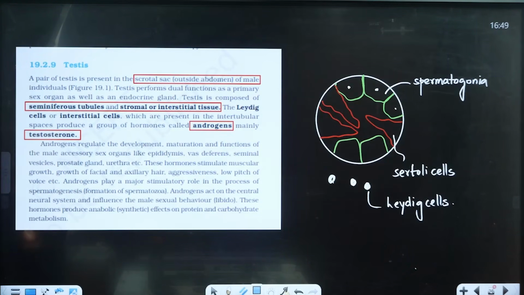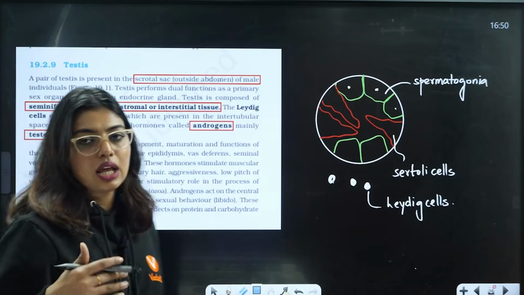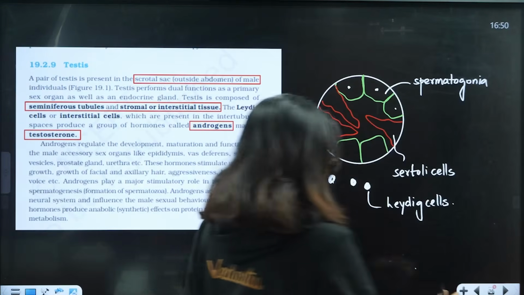Androgen regulates the development, maturation and function of male accessory sex organs like your epididymis, vas deferens, seminal vesicle, prostate gland, urethral gland, etc. These hormones stimulate muscular growth, growth of facial hair, axillary hair, aggressiveness, low pitch. Androgens also play a major role in the process of spermatogenesis. This also we have already learned, yes or no? Again, we don't have to go into detail because in the reproduction chapter we have already studied this.